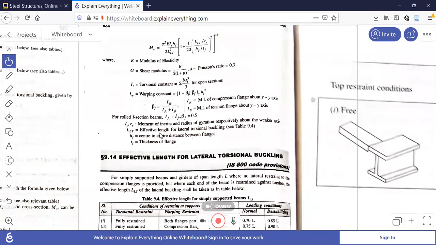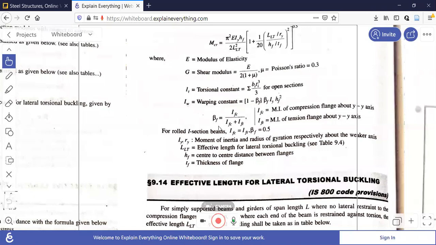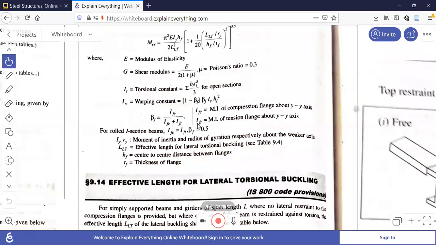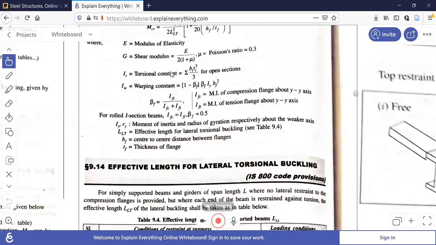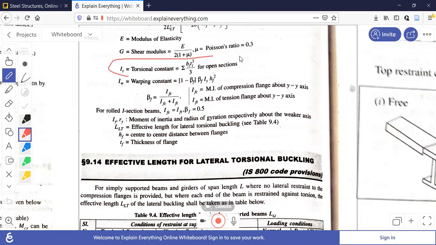These are the notations: shear modulus, modulus of elasticity, torsional constant. How to find this torsional constant here? This one I will make clear first, so that I can proceed. This value I am going to tell you how it is done.